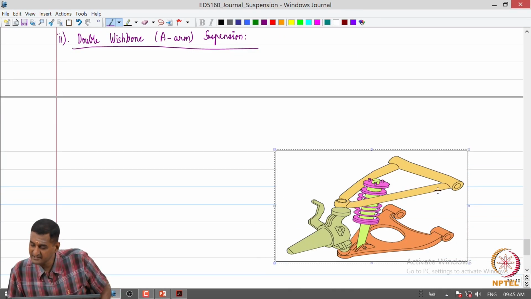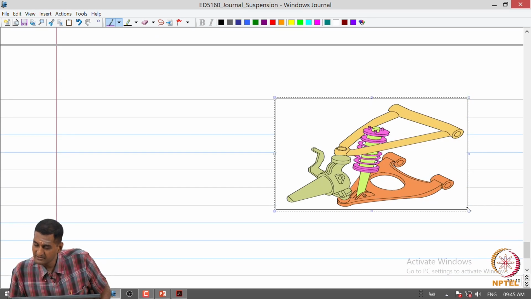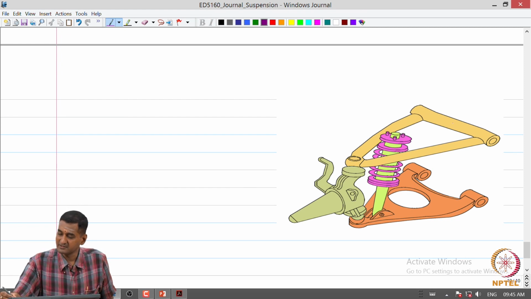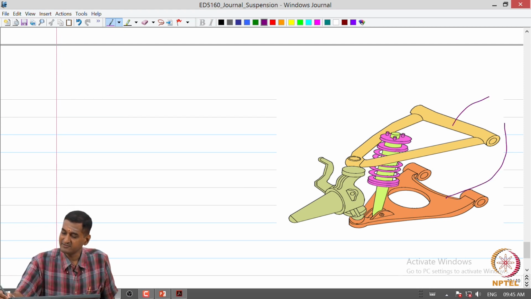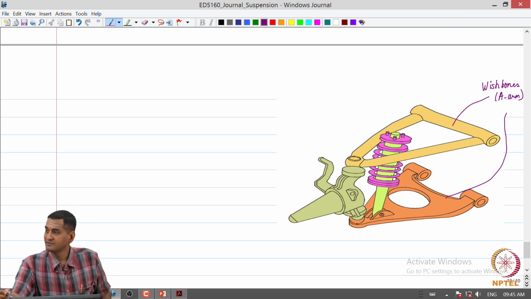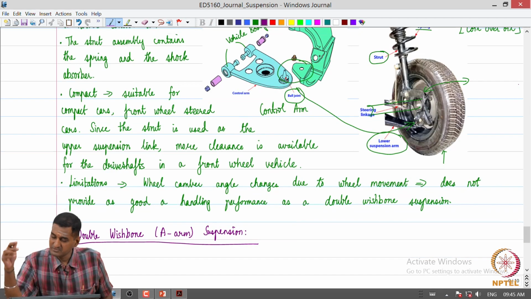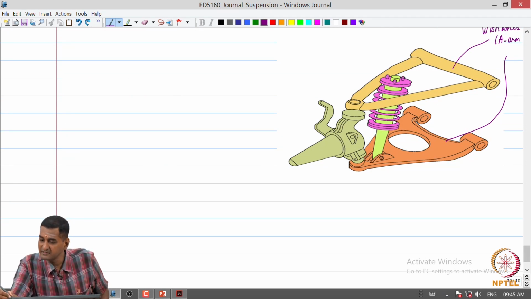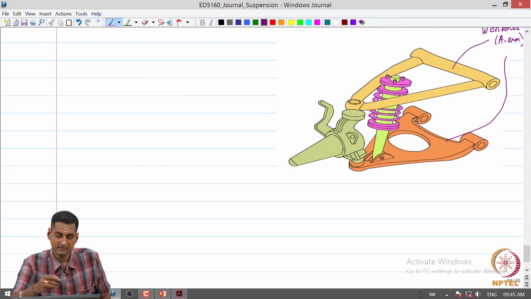we have two suspension arms or links that are shaped like a wishbone. We can immediately see that these are in the shape of an A or a wishbone. So, that is why it is called a double wishbone or a double A-arm suspension.